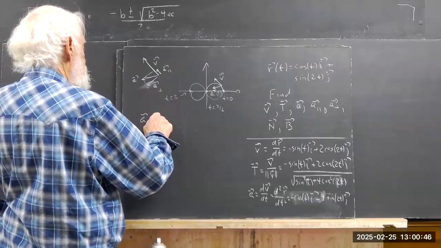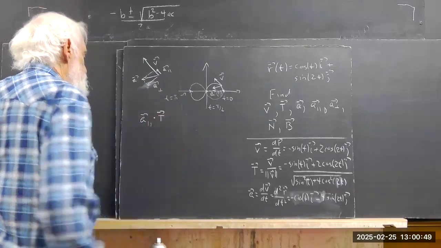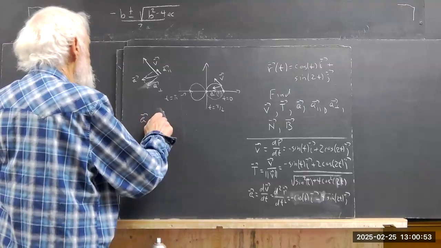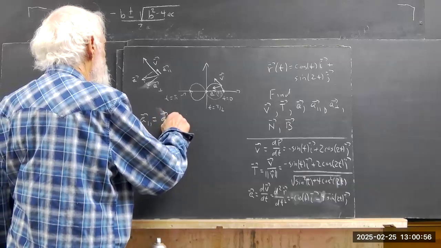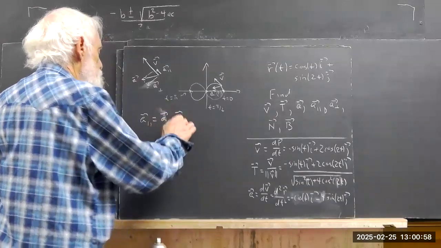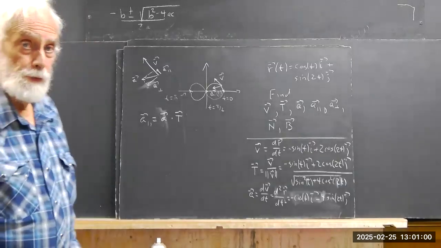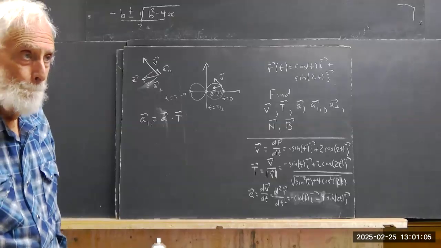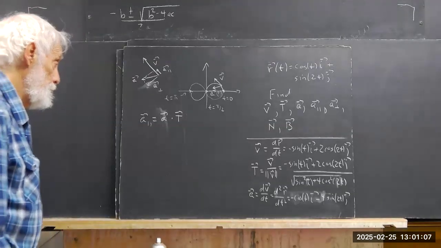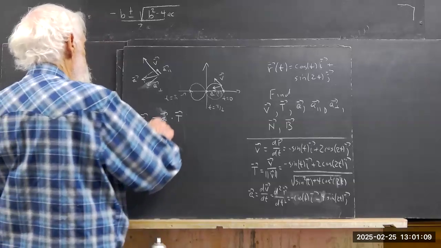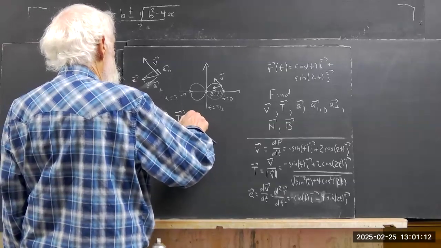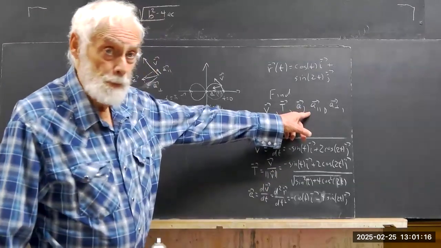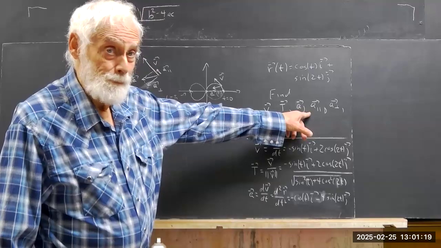A parallel equals acceleration dotted with the unit tangent vector, and then that's multiplied by the unit tangent vector. They did have an arrow over this A parallel.